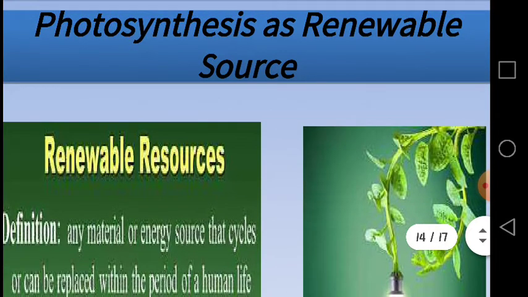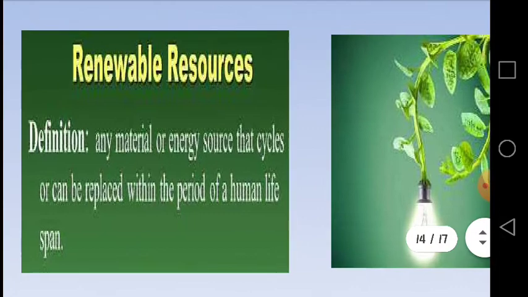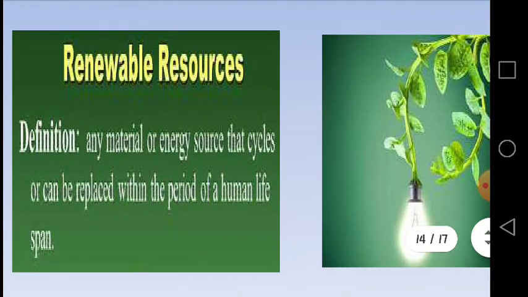Photosynthesis is a renewable source, because what is a renewable source? We can understand from this definition: any material or energy source that cycles or can be replaced within the period of a human lifespan. Such substances or energy are called renewable resources.